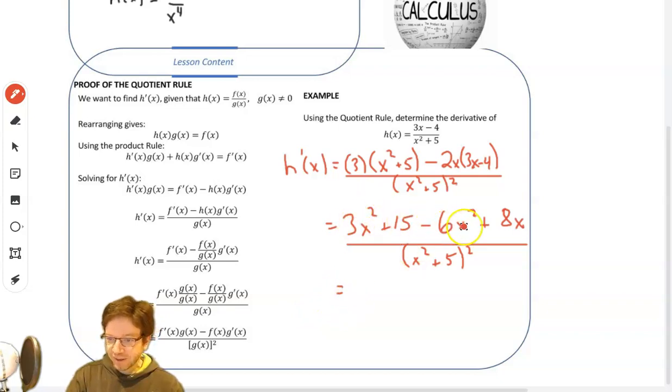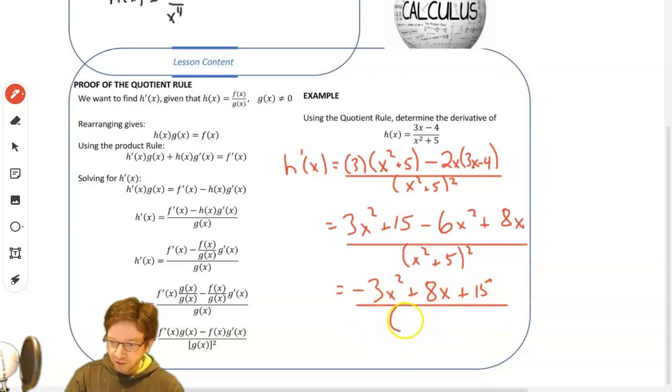Alright, so 3x squared minus 6x squared gives us minus 3x squared. And that's as much as we can simplify that. So plus 8x plus 15 all over x squared plus 5 all squared. There we go.